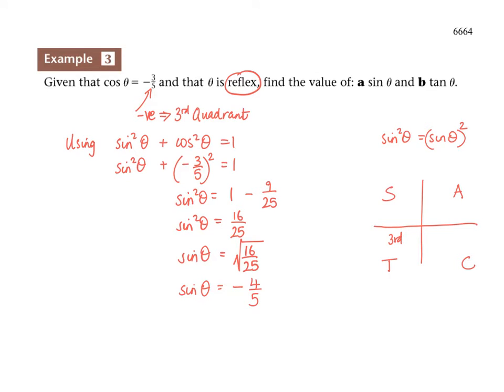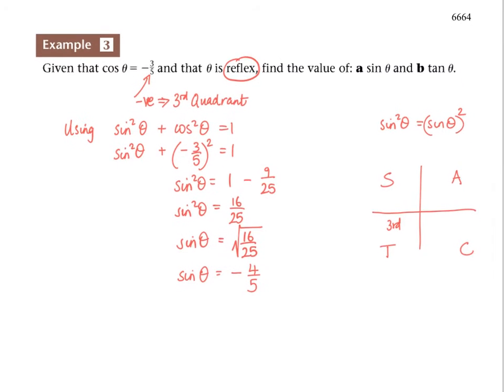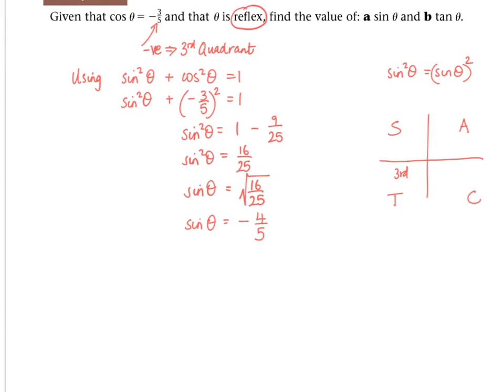And then if we look at part B, we want to try and find tan. And tan theta is equal to sine theta over cos theta. We know both of these, so it's minus 4/5 divided by minus 3/5.